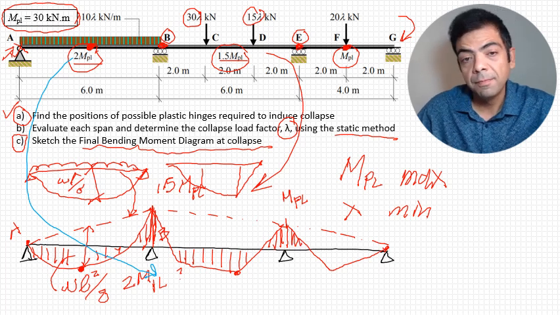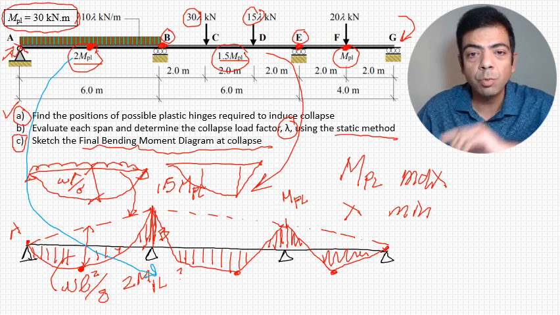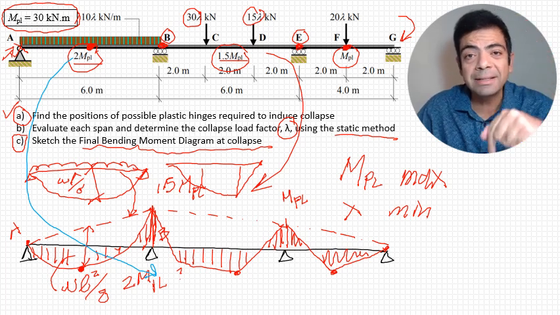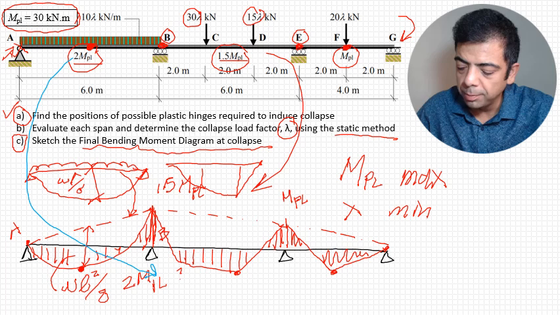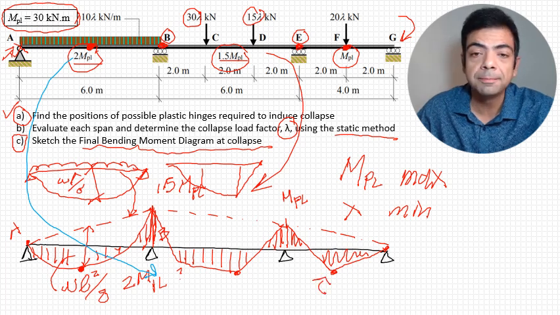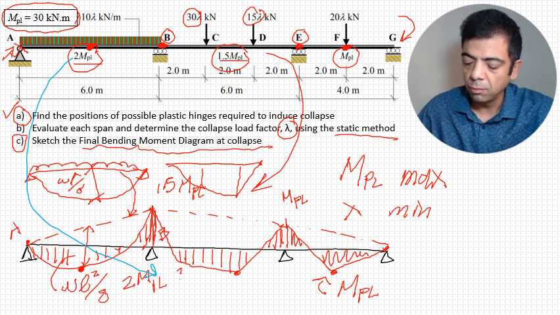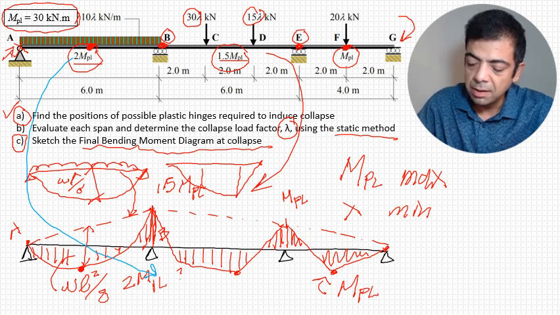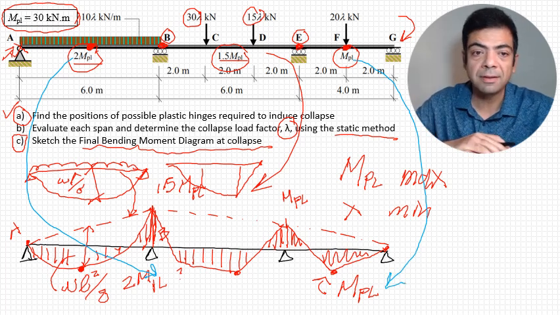Everything above the black line is negative, everything below it is positive, and I know that the positive plastic hinge will be at the peak maximum bending moment, which is going to be most probably under the point load. So what will be the magnitude of moment here? It's going to be M plastic. And why is that? Because this span has the capacity of M plastic.